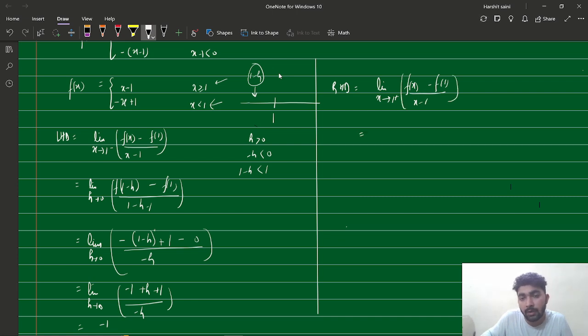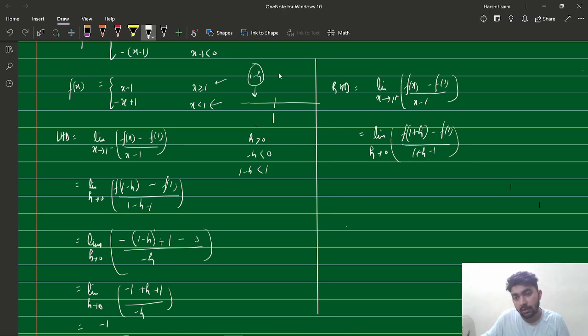Now limit h tends to 0, f of 1 plus h minus f of 1 upon 1 plus h minus 1 we have.